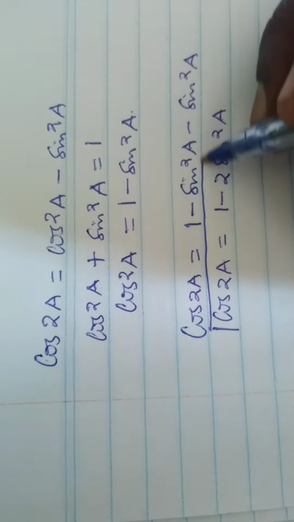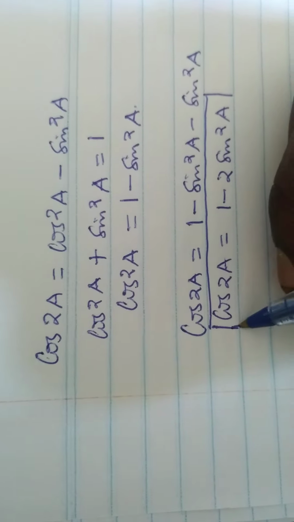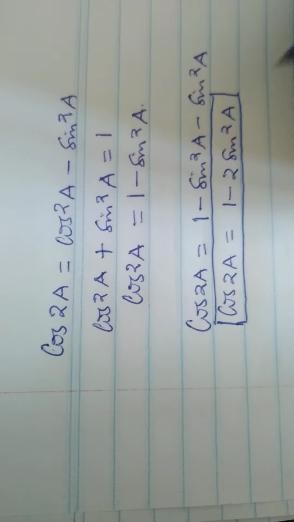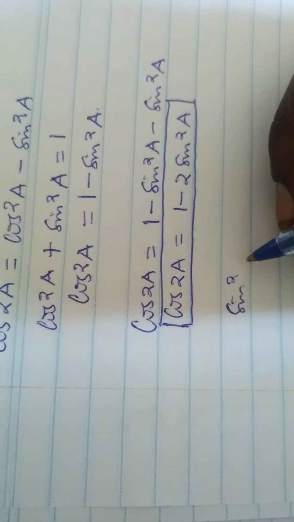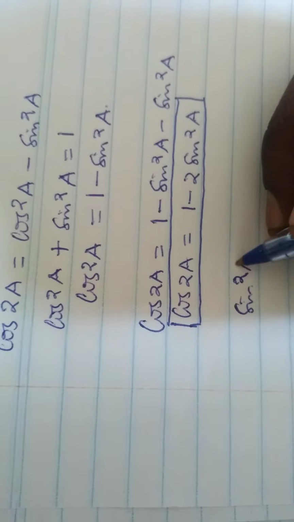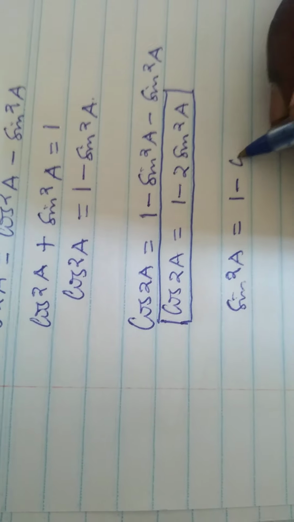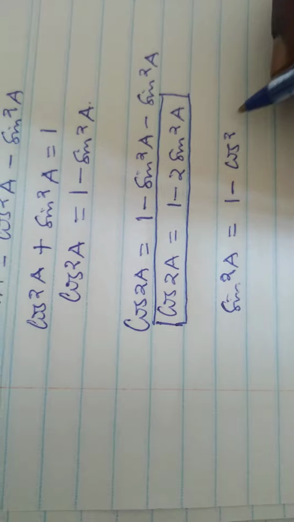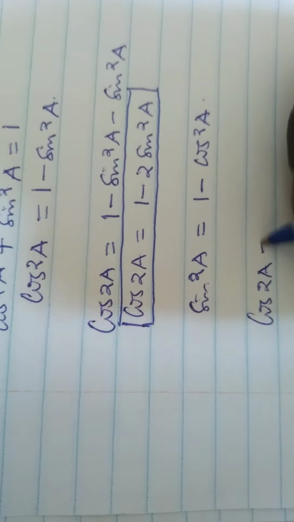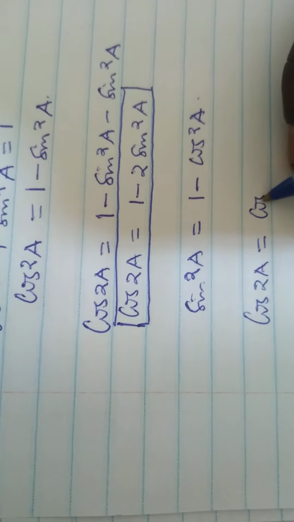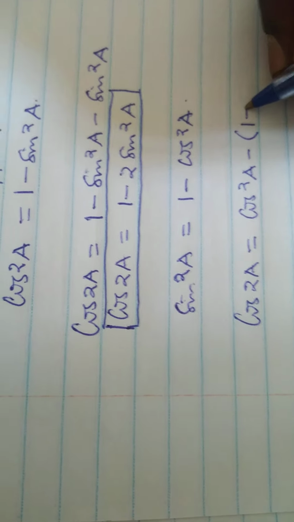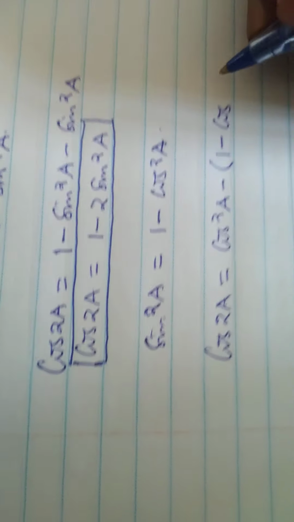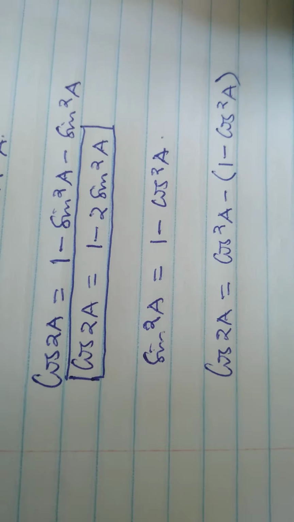So it can be in this form. We can now make all our sine squared of a will be 1 minus cos squared of a. So substituting, our cos 2a will be cos squared a minus 1 minus cos squared of a.